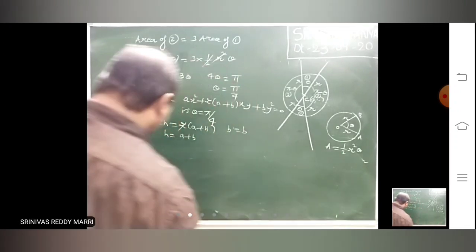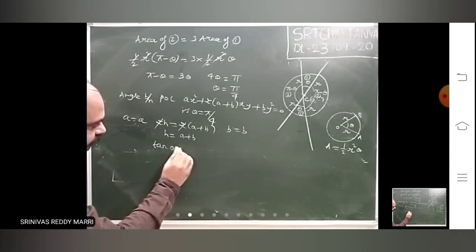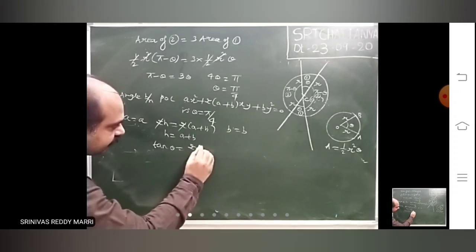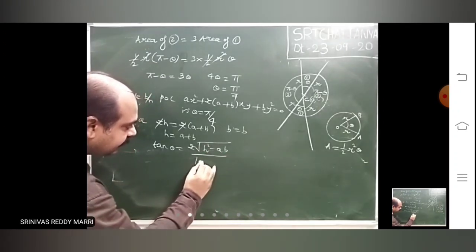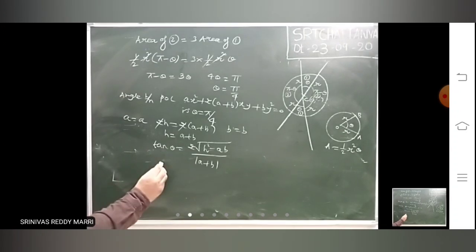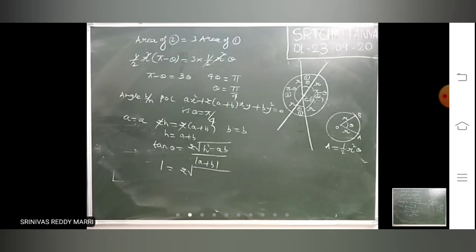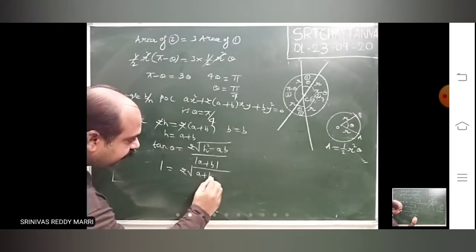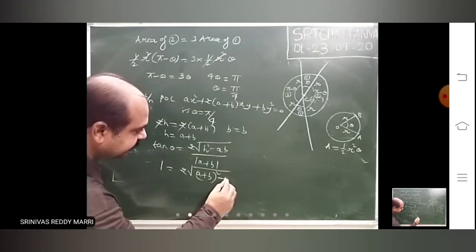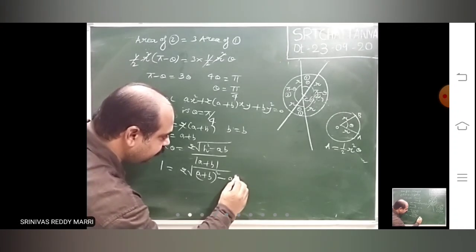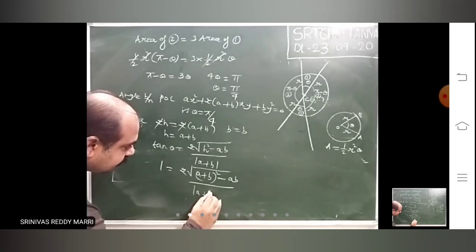That means tan theta is nothing but 2 root of h square minus ab divided by modulus a plus b. Now tan 45 is 1. 2 root of, h is nothing but a plus b whole square minus ab, that is a into b, divided by modulus a plus b.